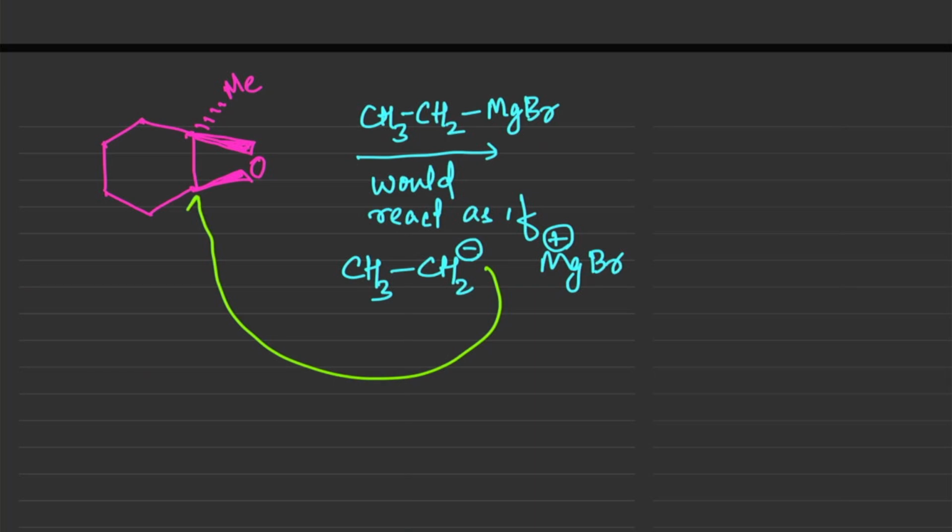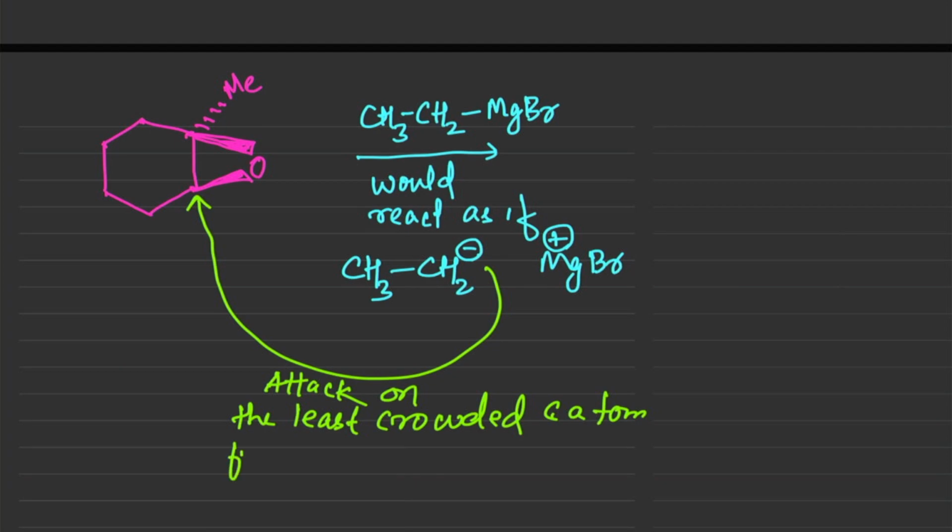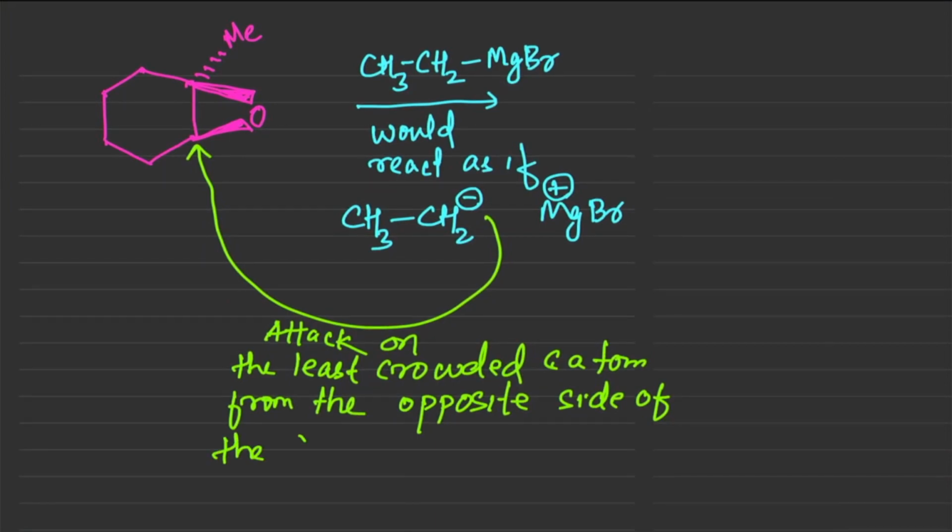This would be the attack on the least crowded carbon atom from the opposite side of the oxygen of the epoxide.